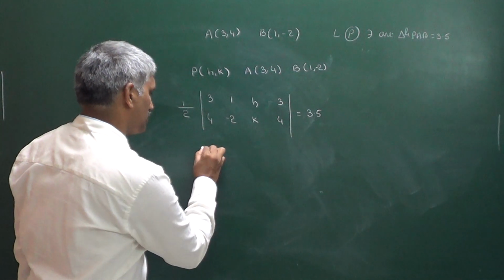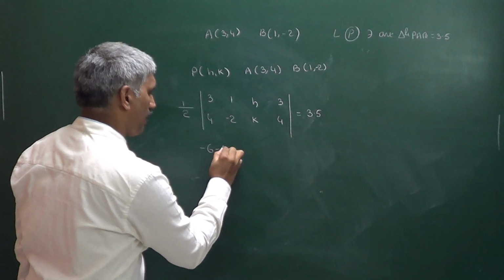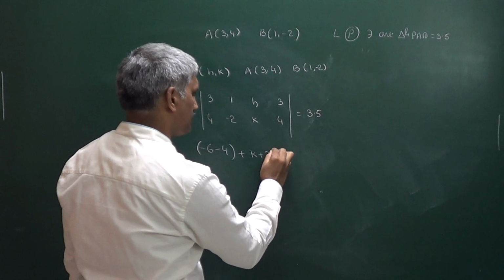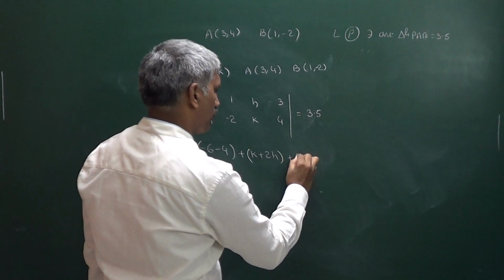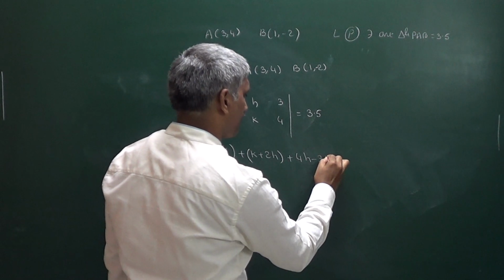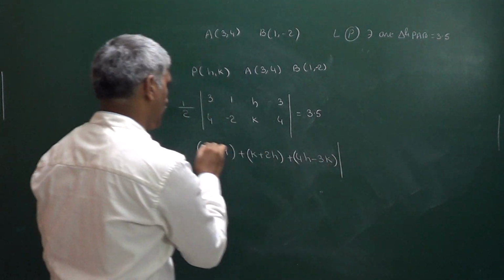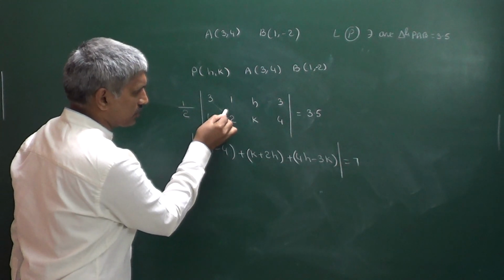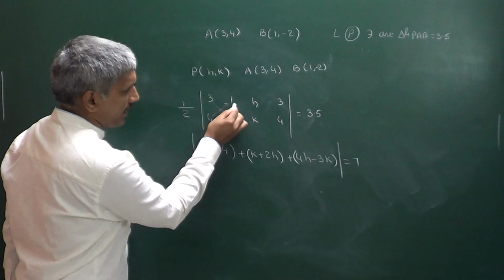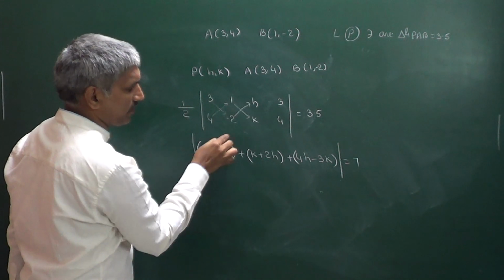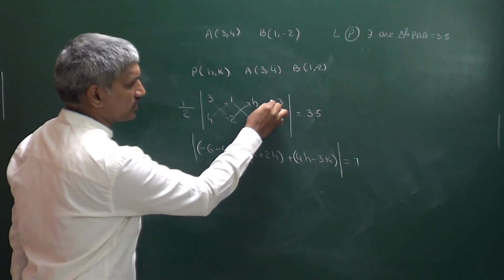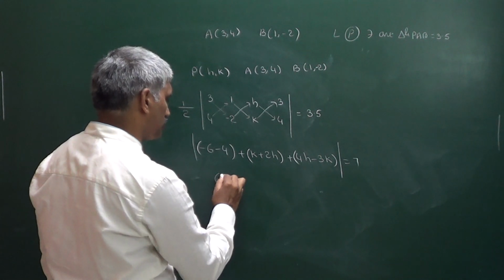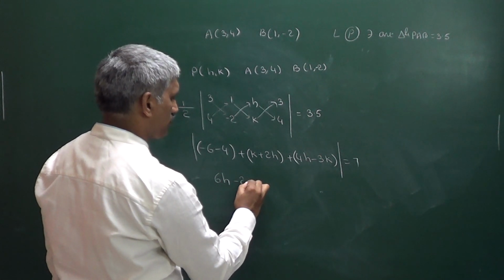Now this simplification is minus 6 minus 4 plus k plus 2h plus 4h minus 3k, in modulus, is equal to 7, right? You know how to find the area. This product minus this product, its multiplication minus here multiplication, 4h minus 3k. Now what about this simplification? 4h plus 2h is 6h minus 2k.